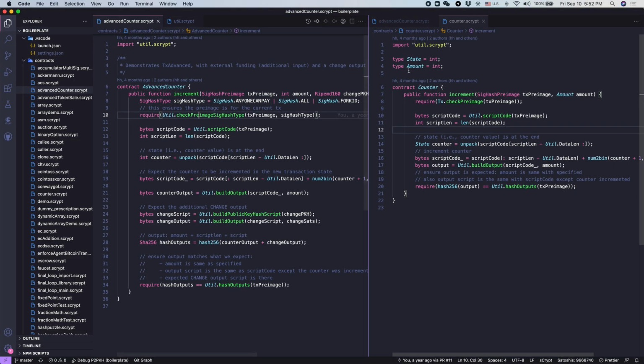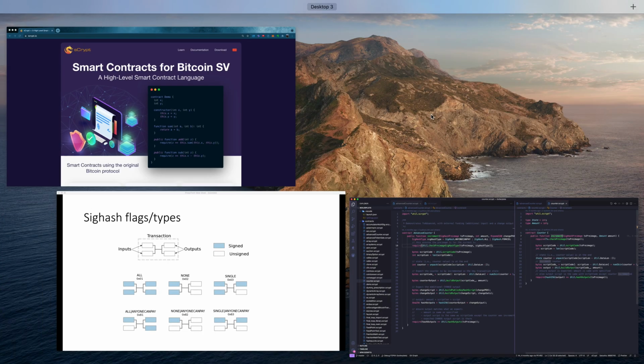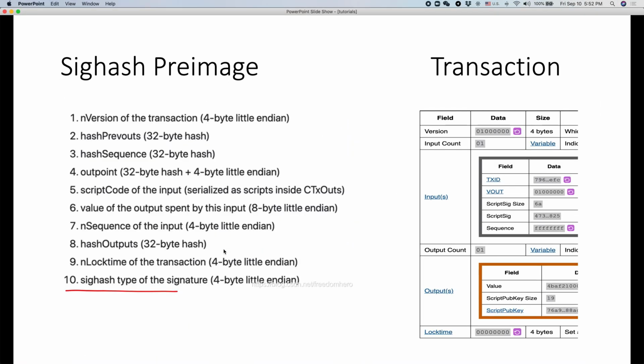Again, we have shown this counter contract before when we introduced the stateful contract. Inside the contract, there's a counter state which is incremented every time the function of this contract is called.